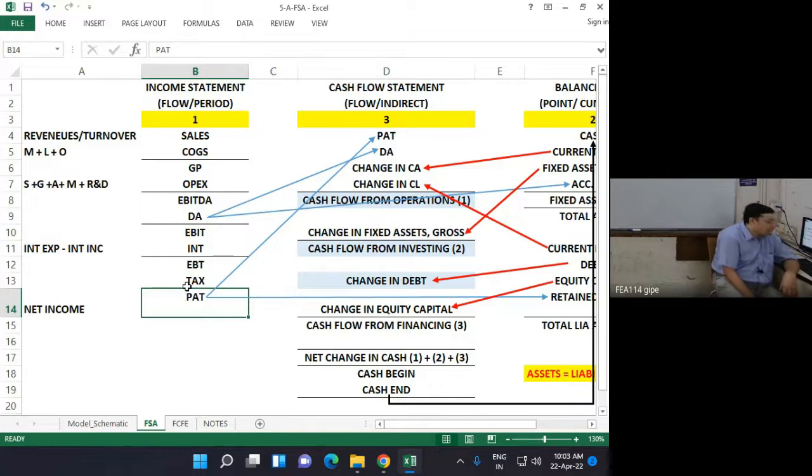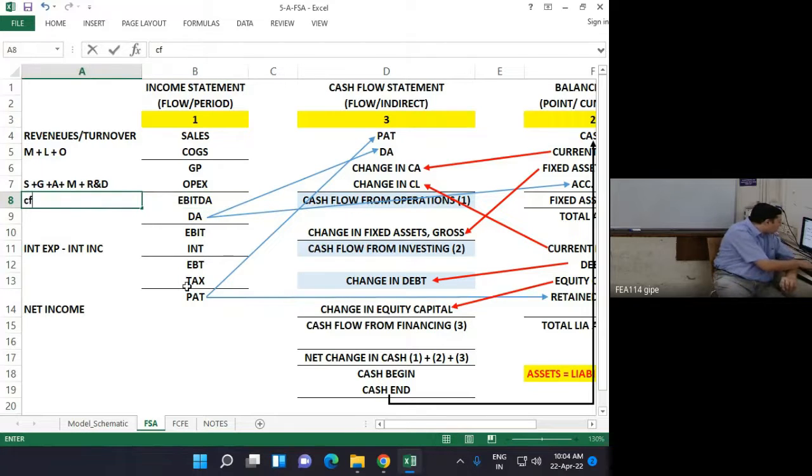EBITDA: earnings before interest, tax, depreciation, and amortization. EBITDA is the first estimator of profits, or you can say it's a good estimator of cash flow from operations of an organization. How much money the business is actually generating, before the financing activity.